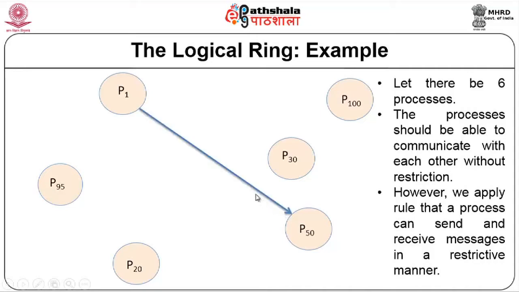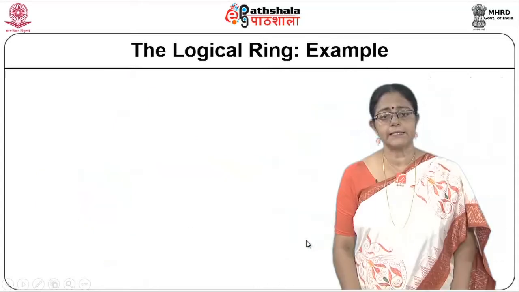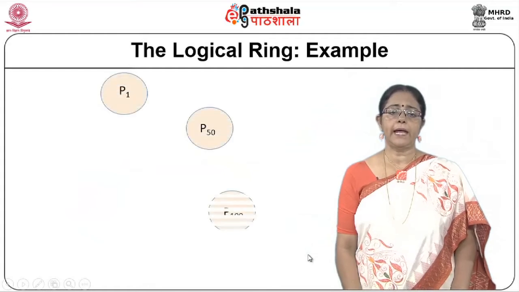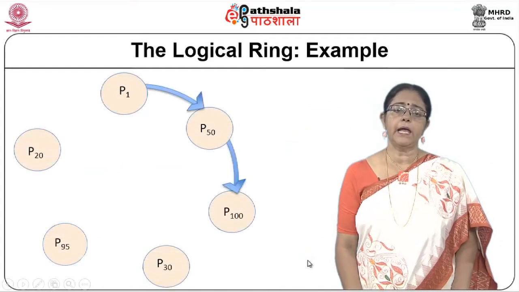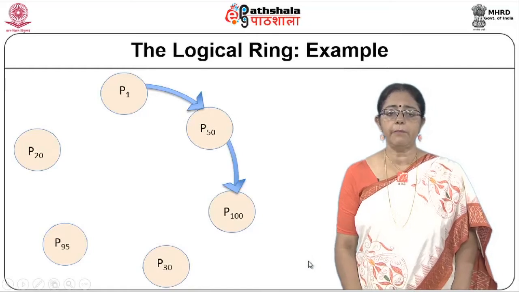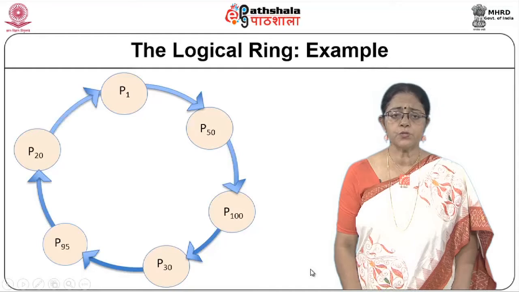For example, in this example, if we say P1 is able to communicate only with P50, P50 will be communicating only to P100, P100 to P30, and so on. Then this forms a ring kind of mechanism, that these are our logical ring, and we have the communication channel between them, P1 to P50, 50 to 100, 100 to 30, and so on.